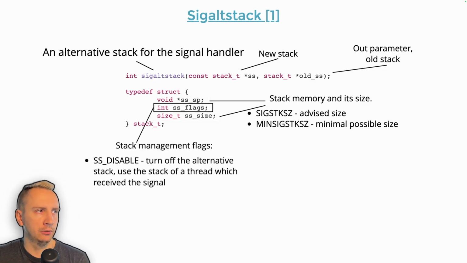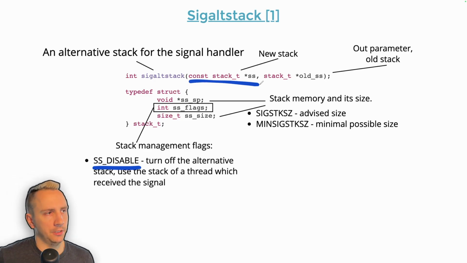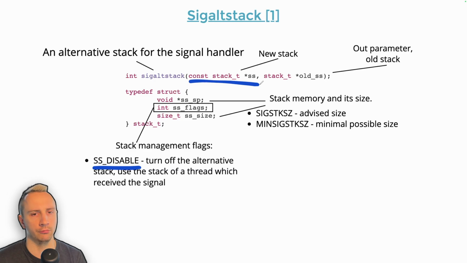And the only flag that really matters is SS disable. So when you, with sig alt stack, provide a new stack, it will be set for the current thread. And all the signals coming to this thread will be handled on this stack if they were chosen to in the sig action function. But how do you remove the stack? Like imagine you set a stack for the current thread for signals, and then you don't want it anymore.